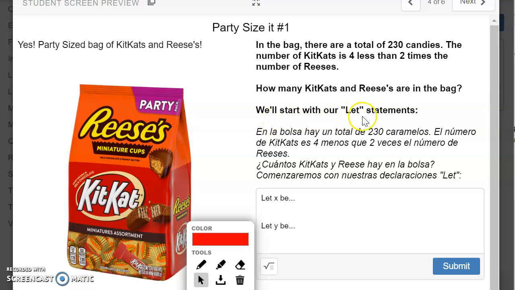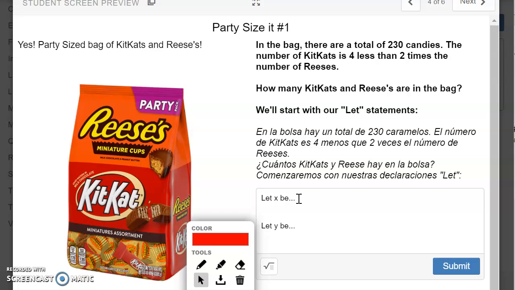We'll start with our let statement. So what are the two things that we want to find? What are the two unknowns? It says how many Kit Kats and how many Reese's. So we're really talking about the number of Kit Kats and the number of Reese's. So I don't want to just say x is Kit Kat, y is Reese's.